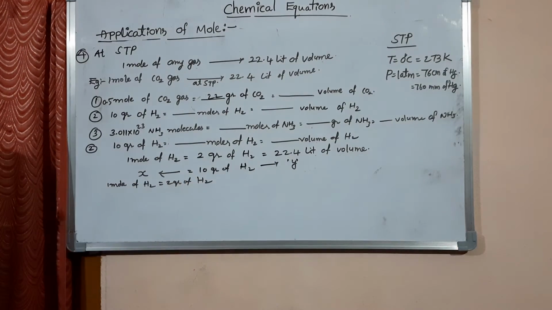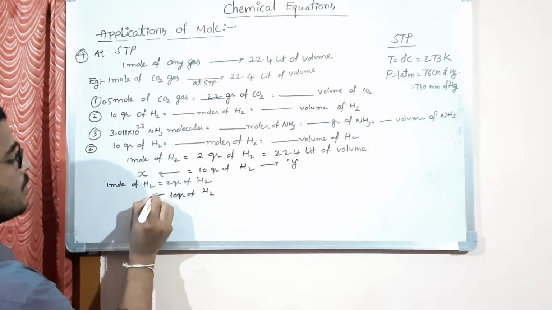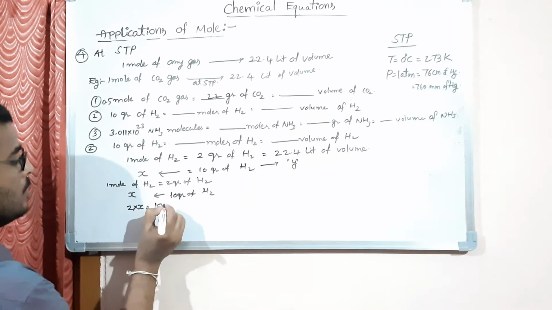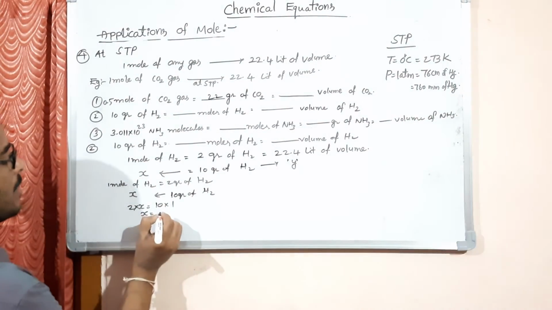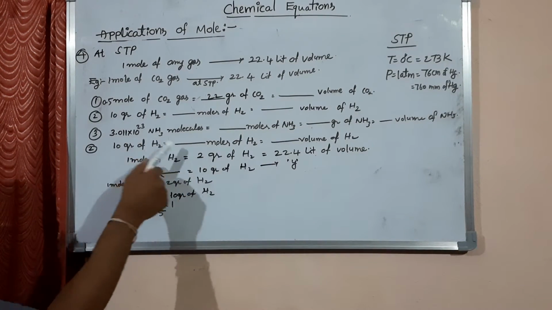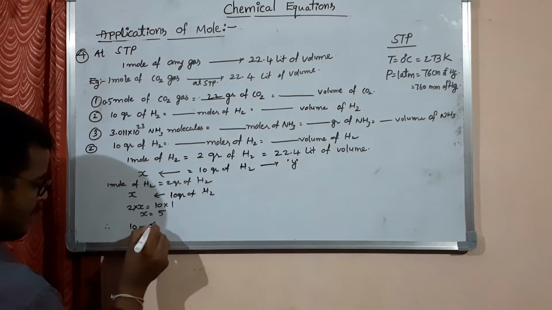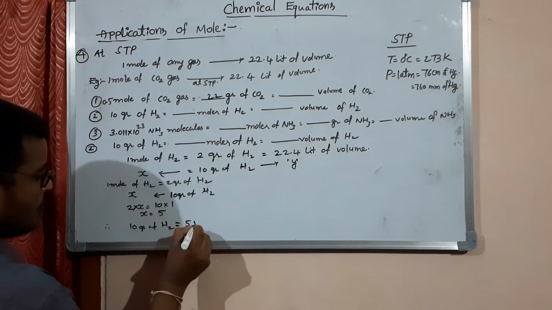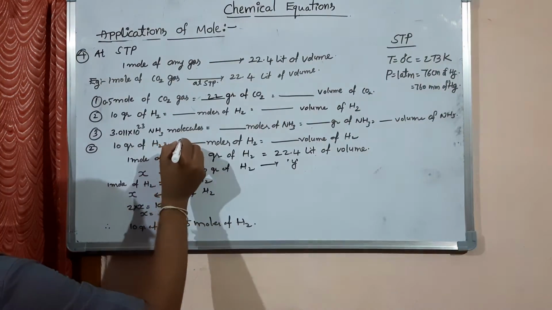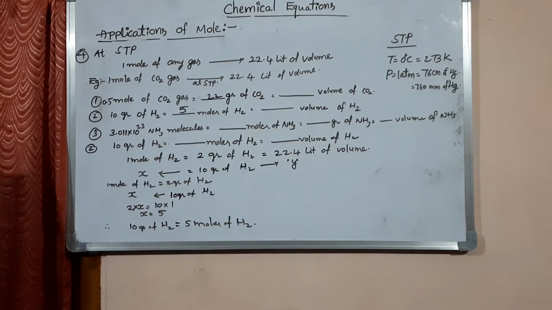Now 10 grams of hydrogen is equal to how many moles? X moles. Cross multiply. 2 into X is equal to 10 into 1. X is equal to 10 by 2. You will get 5. Therefore 10 grams of H2 is equal to 5 moles of hydrogen. Over.